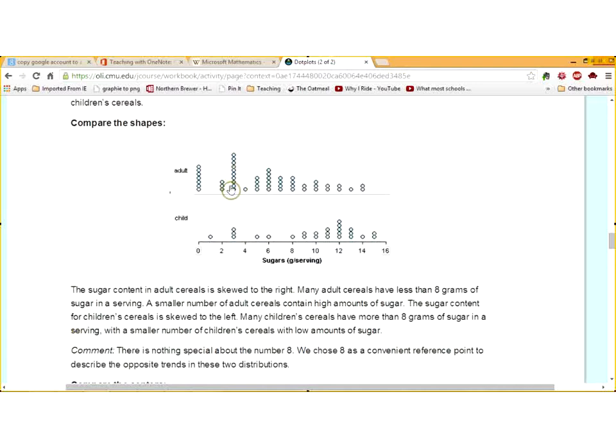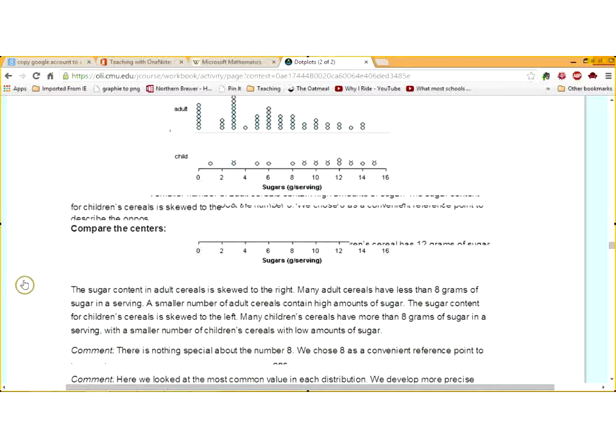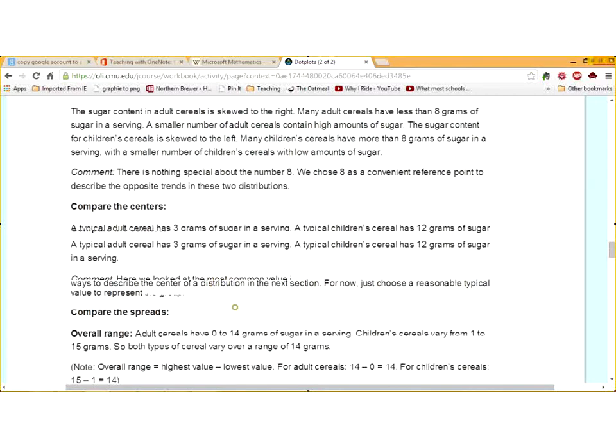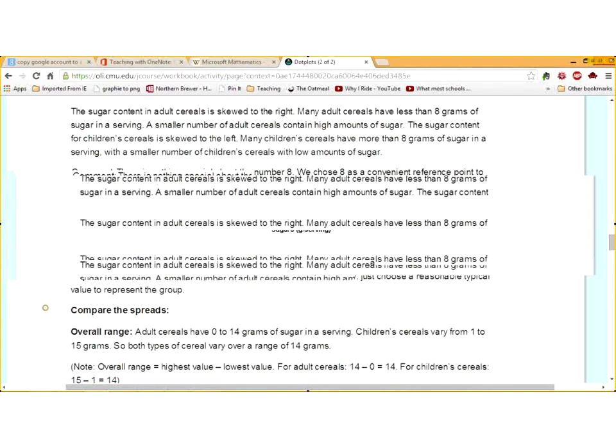That would be looking at the high bar for the adults, and then the high set of dots for the adults, and the high set of dots for the children. All right. So a typical adult cereal has 3 grams of sugar, and a typical children's, that's exactly what we said.